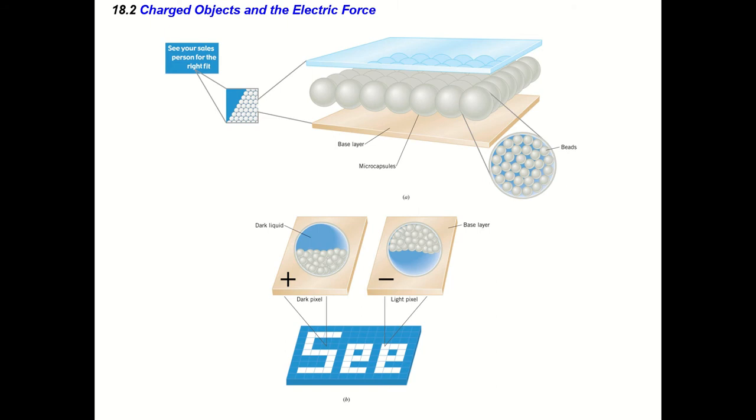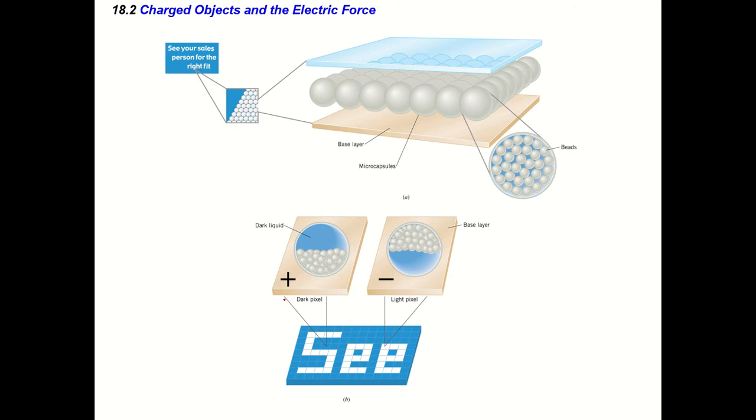So charged object and electric force. So we have here the base layer. We have here the microcapsules. Okay, so these are the beads. So dark liquid. So for example, we have here positively charged, we have a negatively charged.